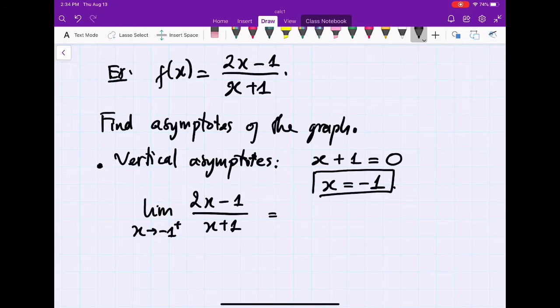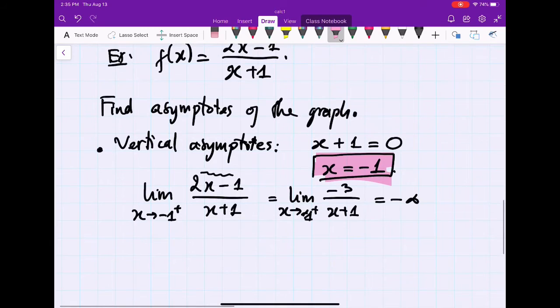But 2x minus 1, I hope you still remember this situation, is similar to the case of the limit of -3 over (x plus 1) when x approaches -1 from the right, and that is -infinity. So yes, this is a vertical asymptote.